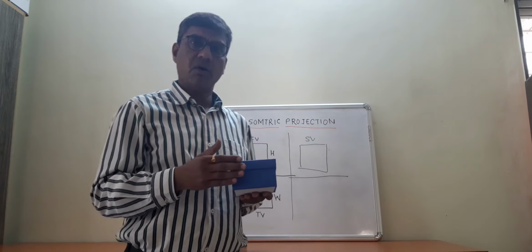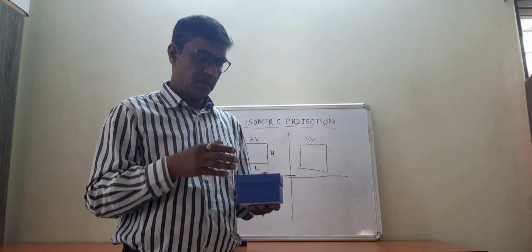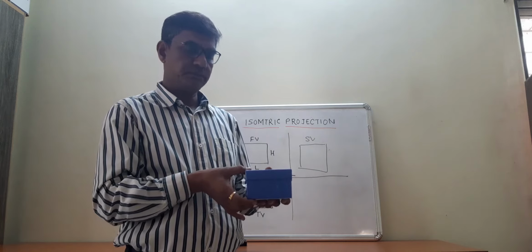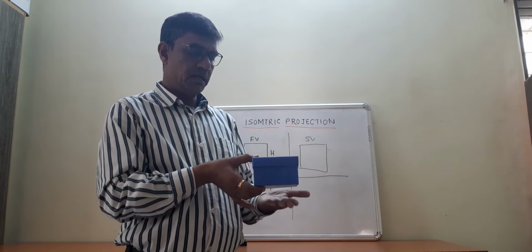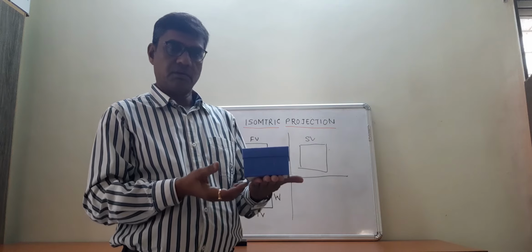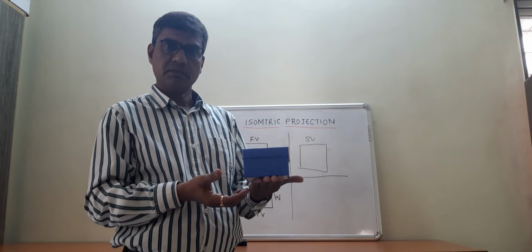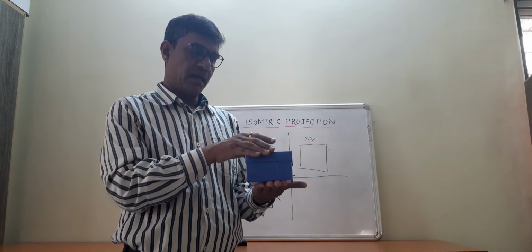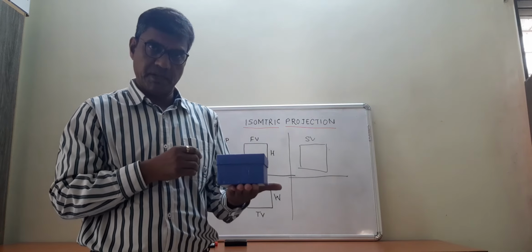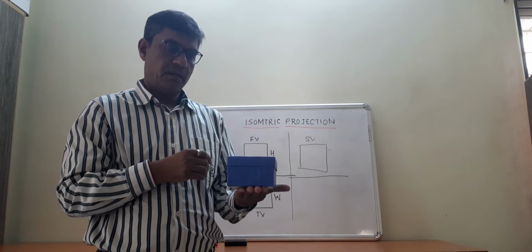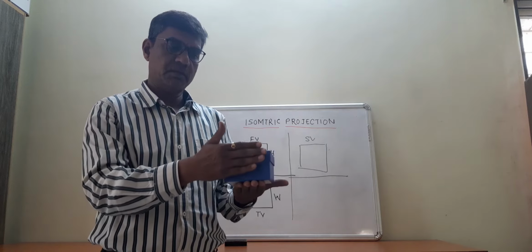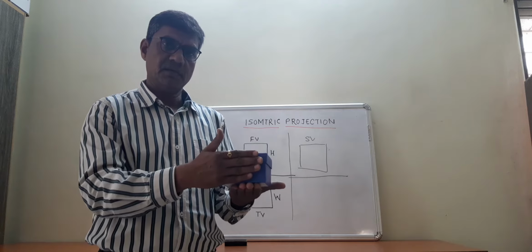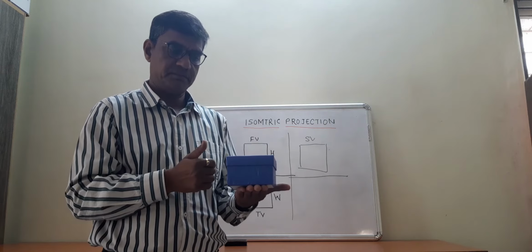I am holding this box in front of you in this position, and what is this position? It is resting on its bottom surface on the horizontal plane, the ground plane, and it is kept in front of the vertical plane. But how is it kept? One of the surfaces is parallel to the vertical plane.